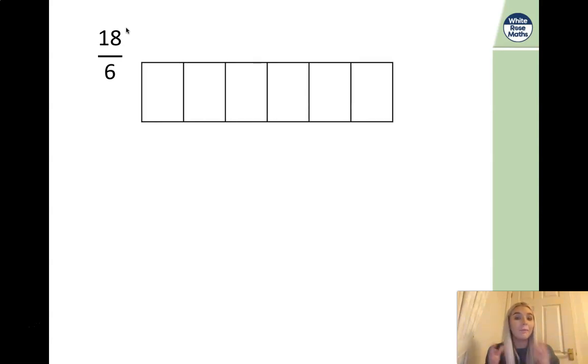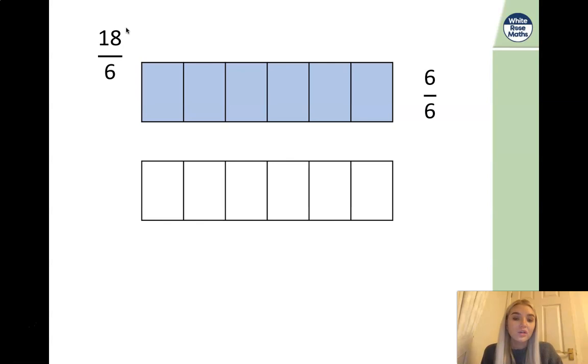So we have got our bar, our 1 whole with 6 parts. Because my numerator is 18, I can definitely fill my bar. And I still need to have another bar because I've only made 6 sixths so far, and I know I need to make 18 sixths. So I can use another bar, another whole, and fill that in too. And that is another 6 sixths.